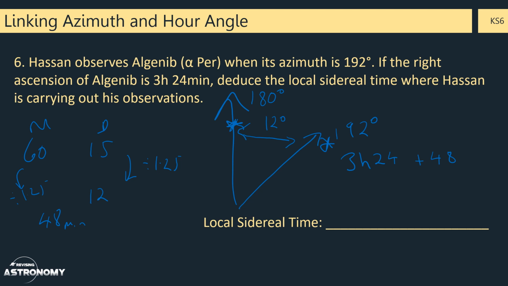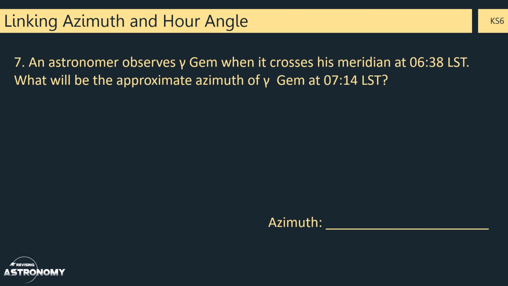So if we go up to the hour, there's 36 minutes to 4 hours, and then we've got 12 minutes left over. So it'll be 4 hours and 12 minutes. And that will be the local sidereal time, because the local sidereal time is equal to the right ascension of a star upon your meridian. Tricky one. Hopefully we did it.